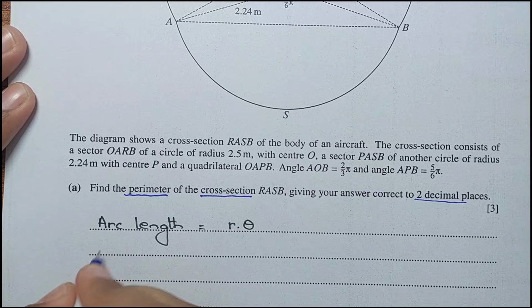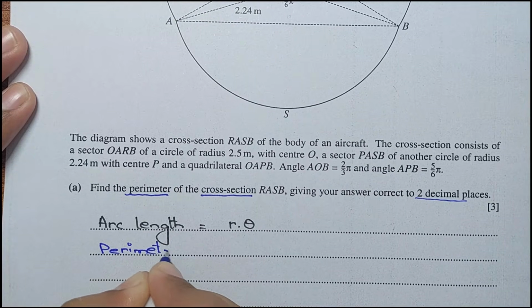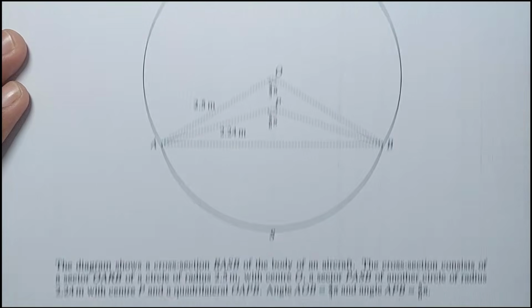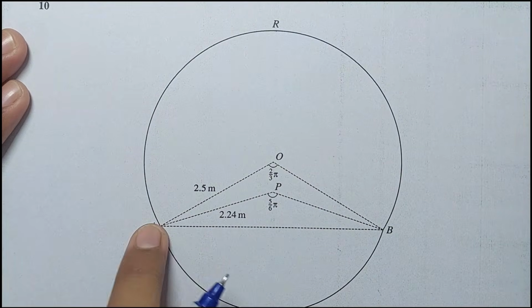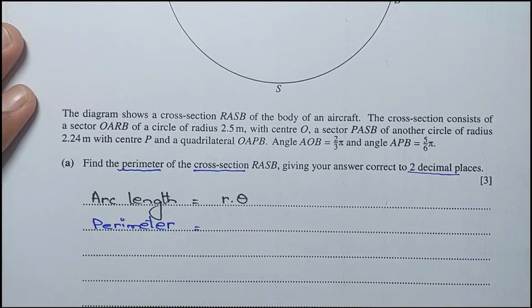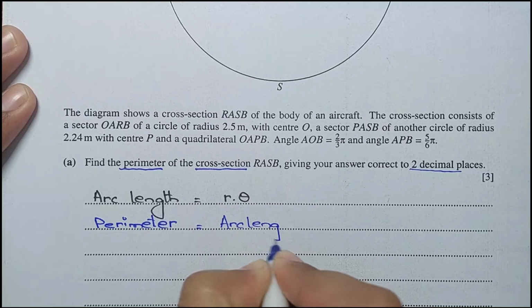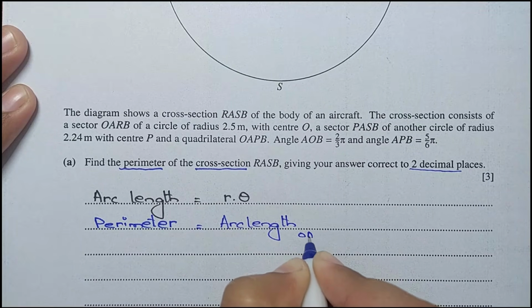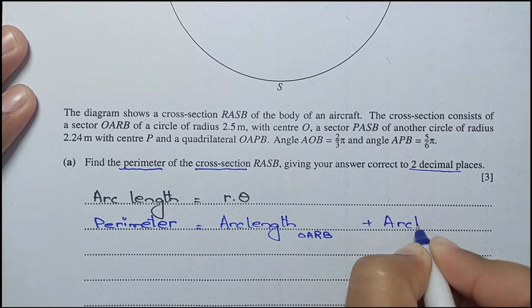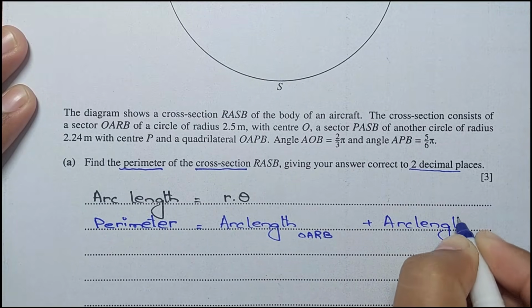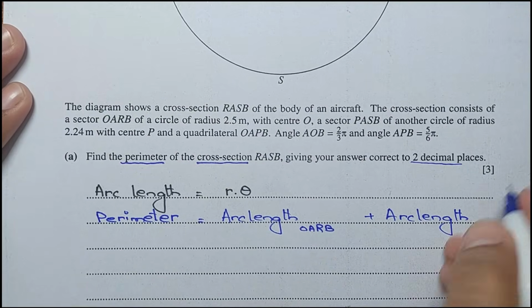Now let me write down the perimeter. The perimeter is the arc length of this sector OARB plus the arc length of PASB, this arc length.